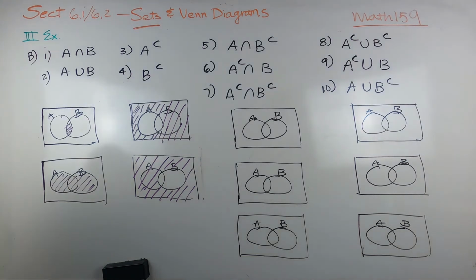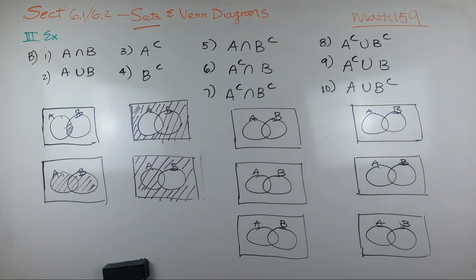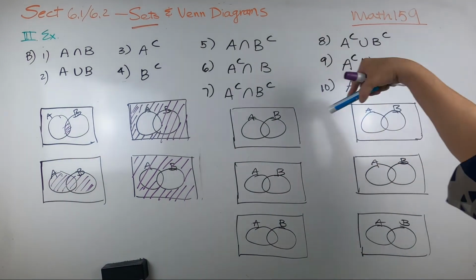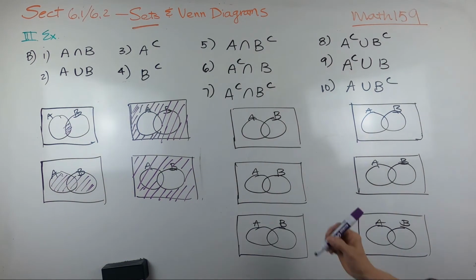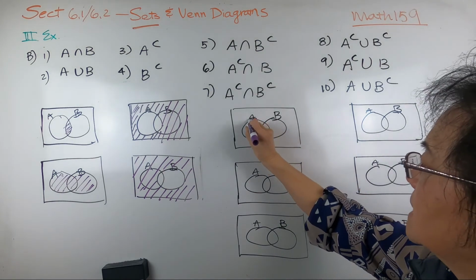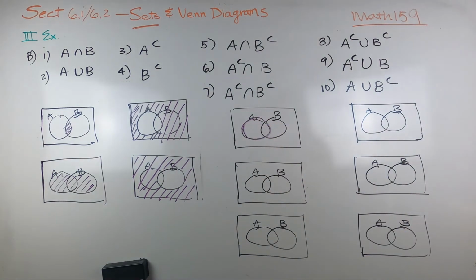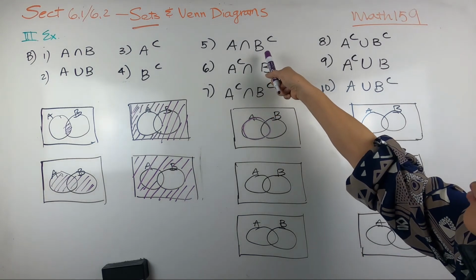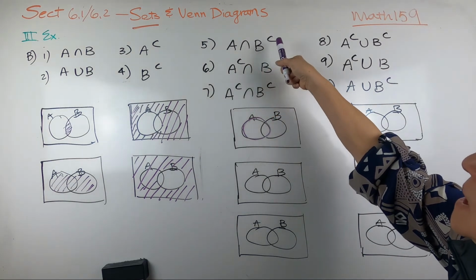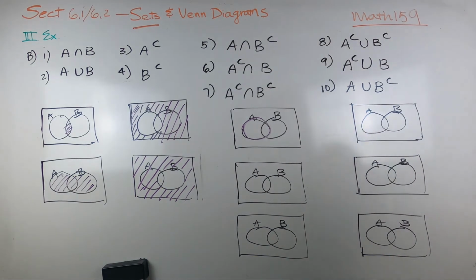Now, let's look at another one. If we do intersection or union with a complement: A is here, that's A, then intersect with B complement.